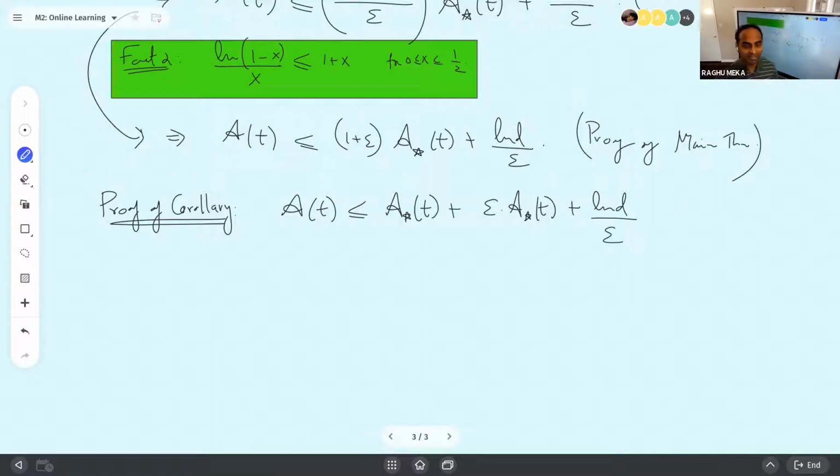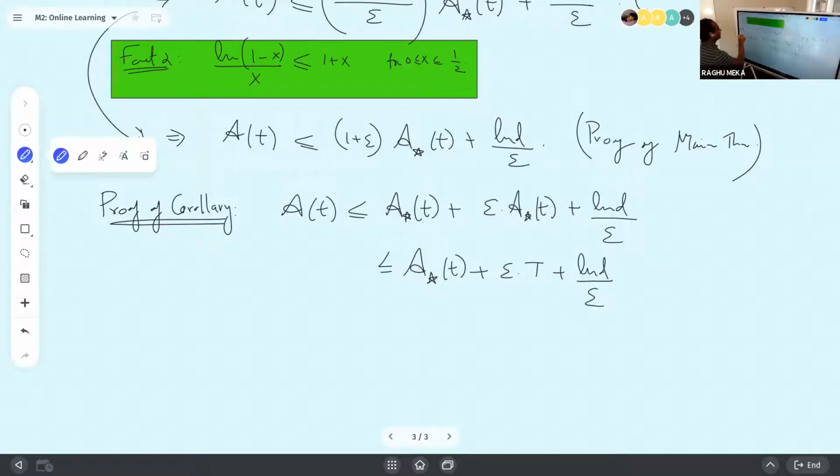It's kind of pessimistic, but if I want a bound that just depends on the number of rounds, I can do that. Now we just have to balance these two terms. If I make epsilon very small, then this decreases, but then I'm incurring a penalty here.